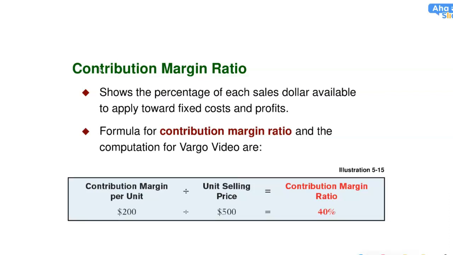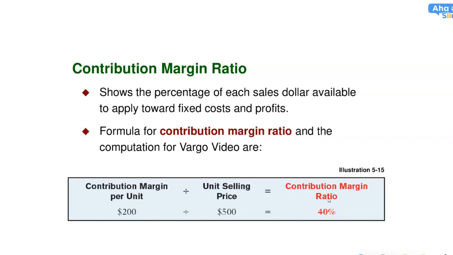Now, either in total or on a unit basis, the same percentage. So on a unit basis, I take the contribution margin per unit, 200, divided by the unit selling price, 500, and I get a contribution margin ratio of 40%.